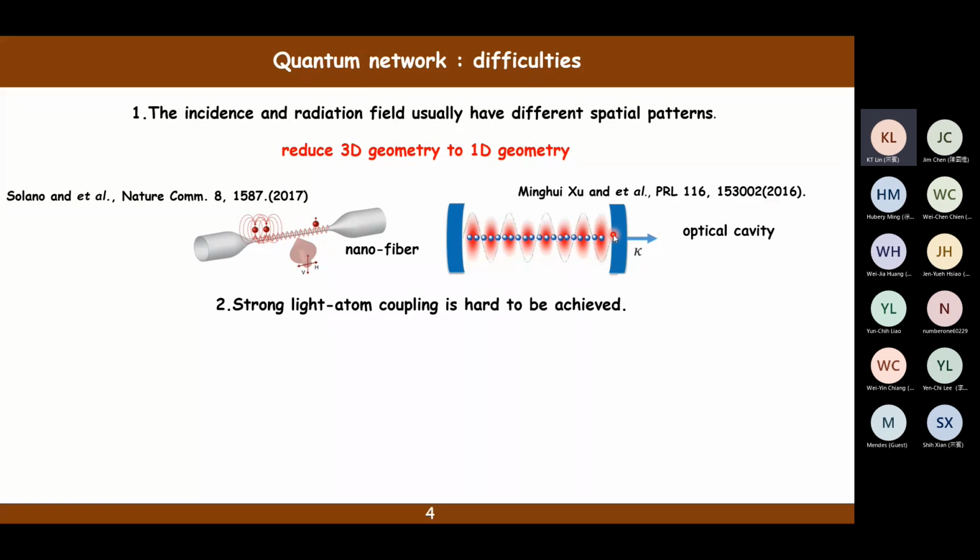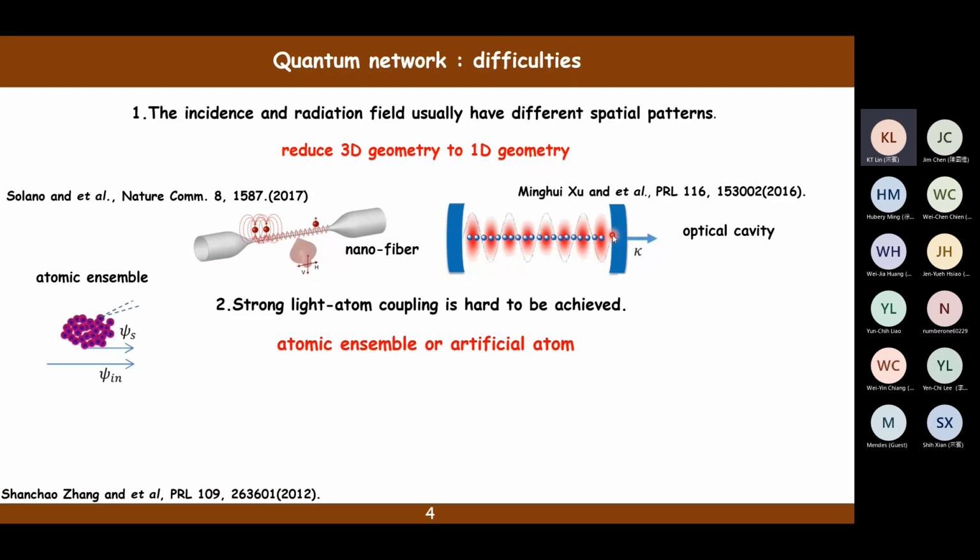The second thing is that strong light-matter coupling is very hard to achieve by using neutral atoms, because the neutral atom has a very weak, very small dipole moment.